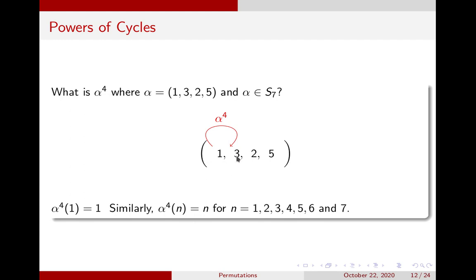This cycle only included the numbers 1, 3, 2, and 5. For the numbers between 1 and 7 that don't appear here, for example 6, we know that alpha of 6 is 6, so applying alpha 4 times to 6 will give you 6.